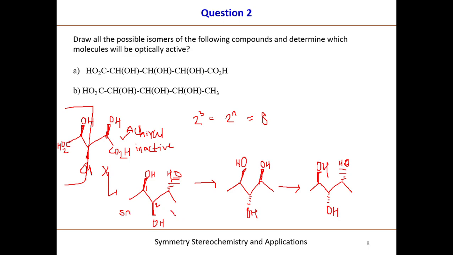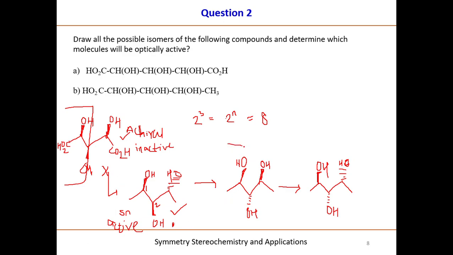That means this molecule is chiral and it is optically active. This isomer is optically active. Okay. Now let's check this one.